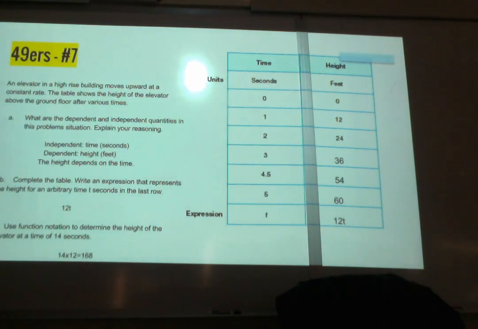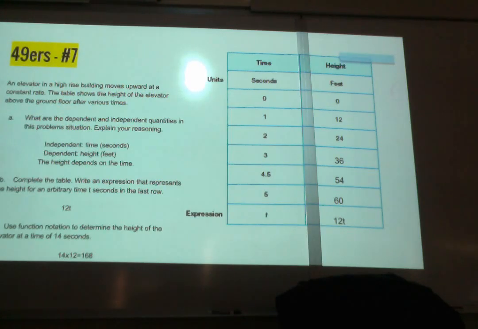An elevator in a high-rise building moves upward at a constant rate. The table shows the height of the elevator above the ground floor after various times. The independent is time in seconds, and the dependent is height in feet, and the height depends on the time. Thank you.